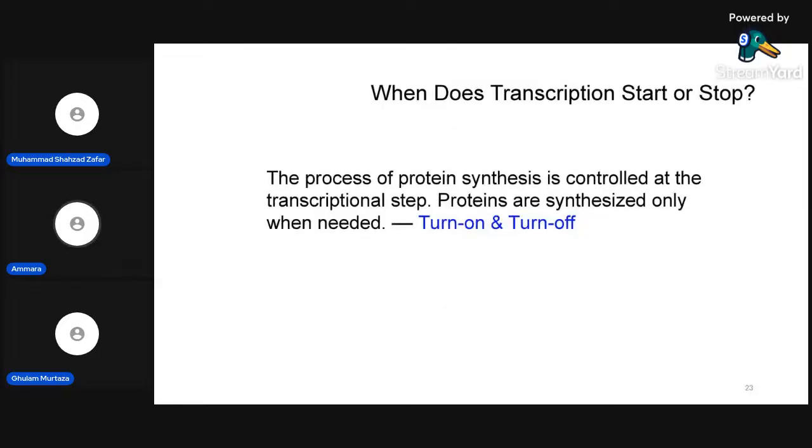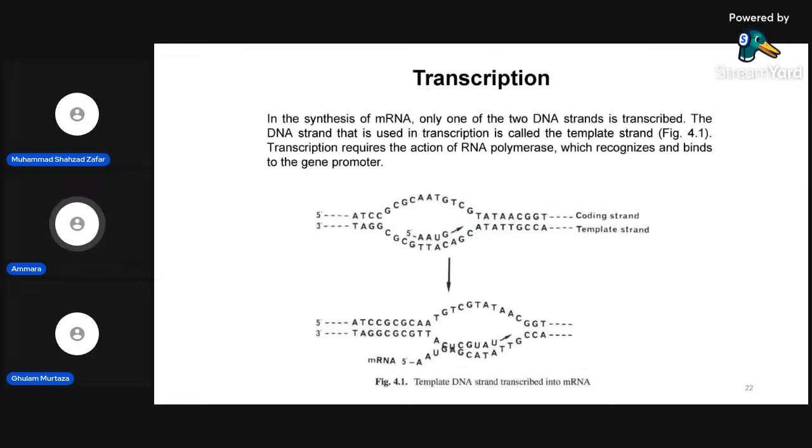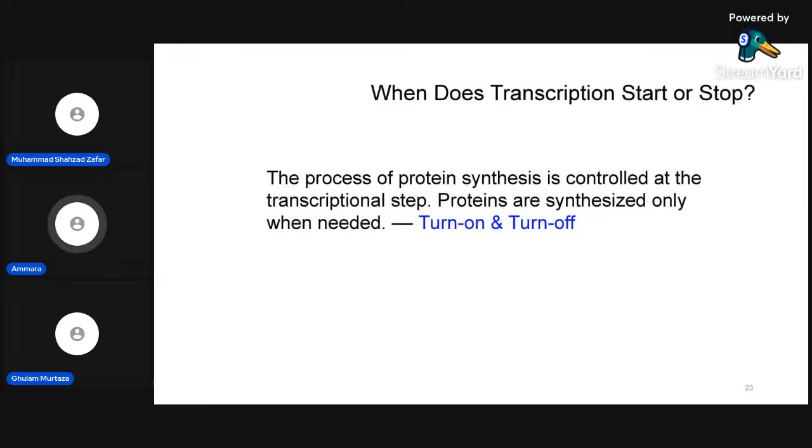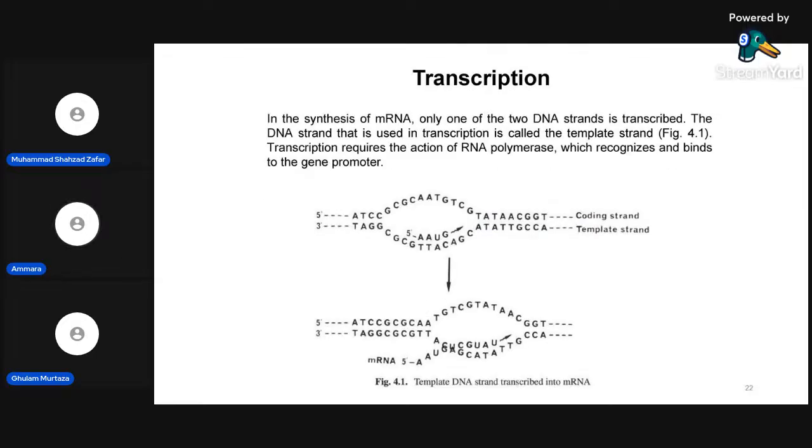But the difference is that, as we have studied in the structure of DNA, four types of bases are involved: A, T, G, C. The difference between DNA and RNA structure is that four types of bases are also involved in RNA formation, but thymine is absent. Instead of T, U is present in messenger RNA.